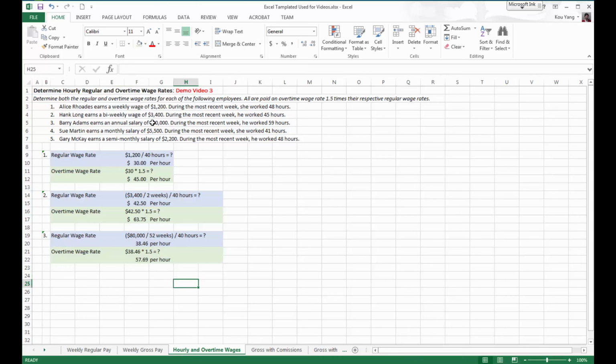For a person who earns $80,000 a year, his regular per hour rate is $38.46. If they were to get paid overtime after the 40 hours, it would be $57.69 per hour thereafter.